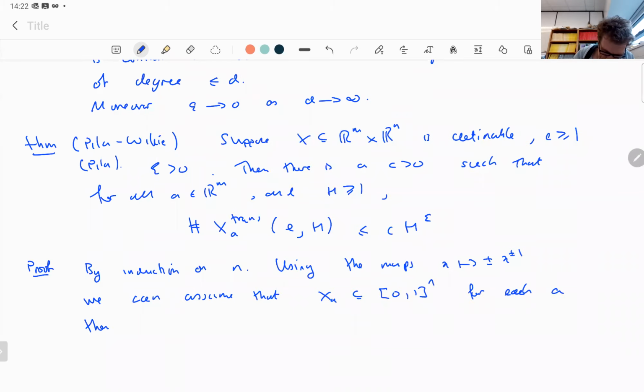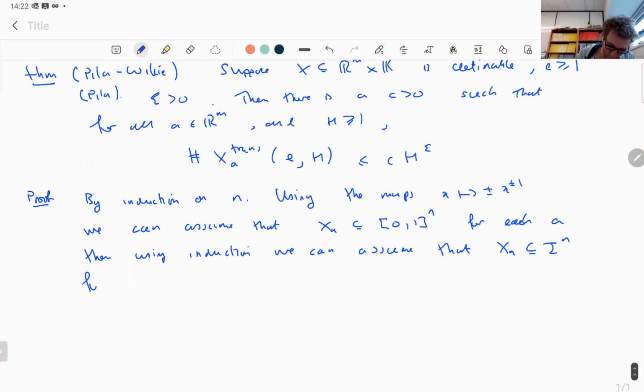Then using induction, we can assume that x_a is contained in I to the n for each a.